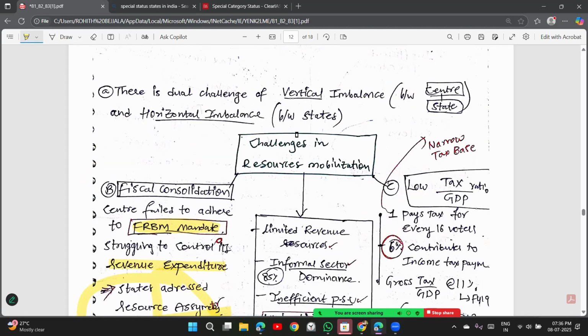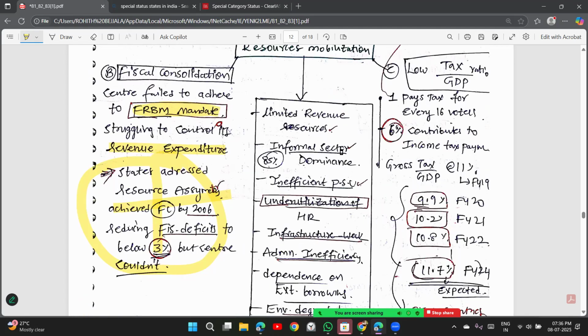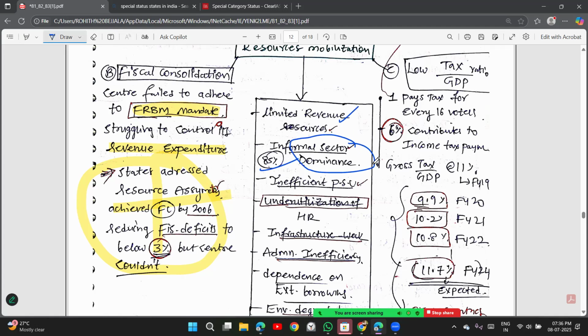And the challenge is, the revenue resources are very limited because when you take the tax base, only 5% of the people are paying the income tax. Again, the revenue resources are limited because our economy is more informal in nature, the Indian economy. So that is one problem. And informal sector dominance, 85% is informal.